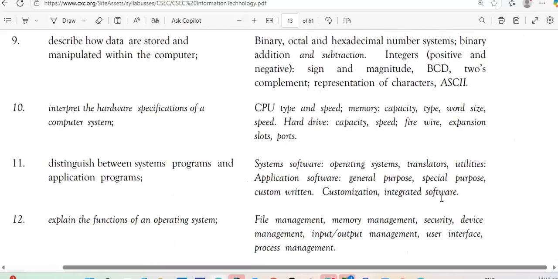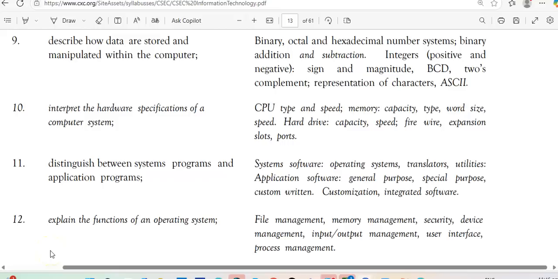All right. Describe the hardware specification of a computer system. We're going to look at the CPU type and speed, memory capacity, type, word size, speed, hard drive capacity, speed, FireWire, expansion slots, and ports.